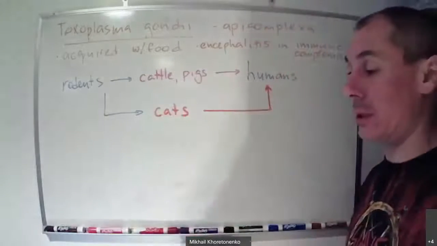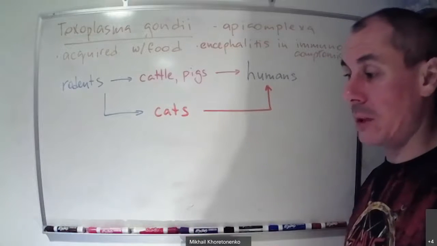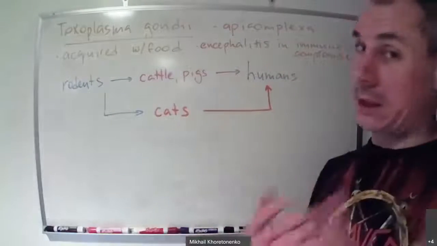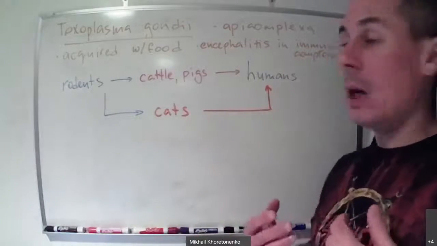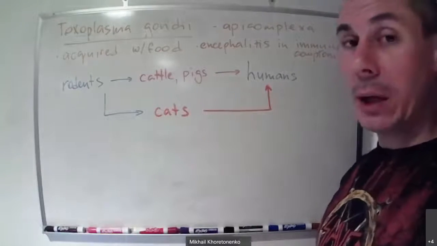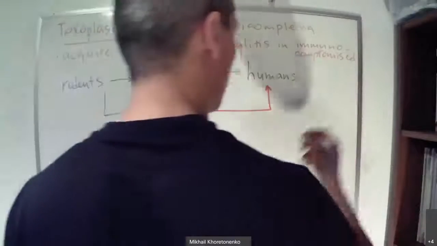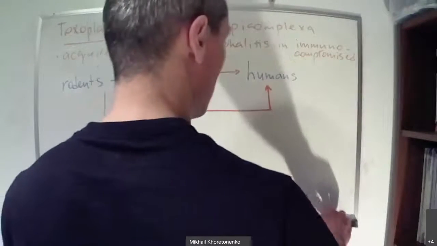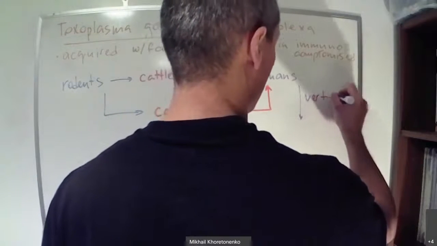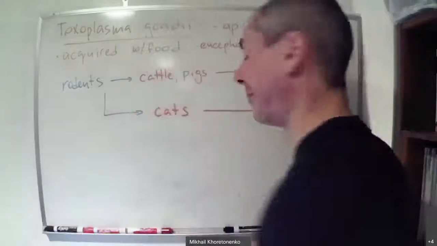If you are immunocompetent and have a Toxoplasma infection, it's not a big deal. Or if your cat is completely domesticated and there are no mice involved, you're not at risk here. But generally speaking, Toxoplasma can also be transmitted vertically to the fetus.